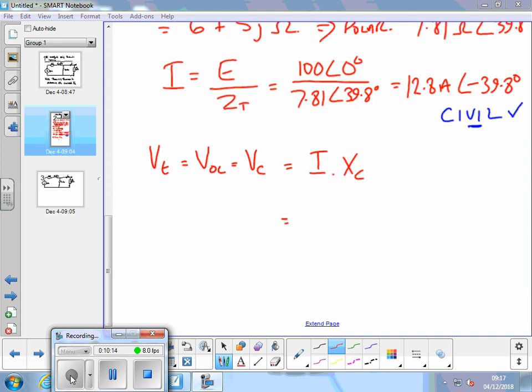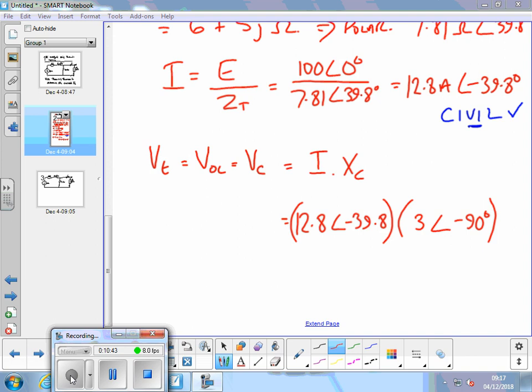So we're looking at 12.8 angle minus 39.8. I'm going to multiply that by XC, which is 3 angle minus 90 degrees, the capacitor in polar form. Again, that's a knowledge thing. You need to know that.